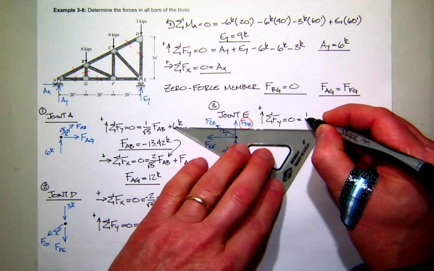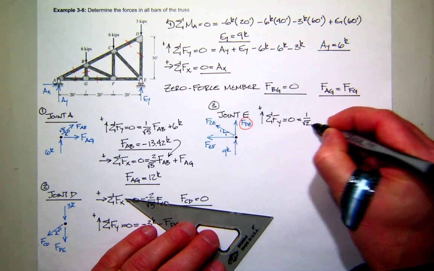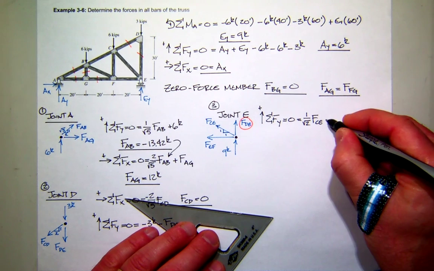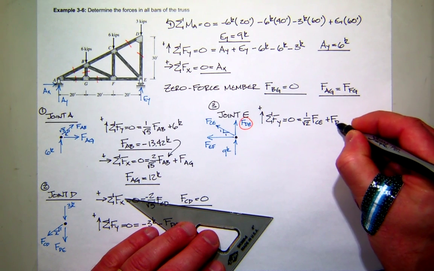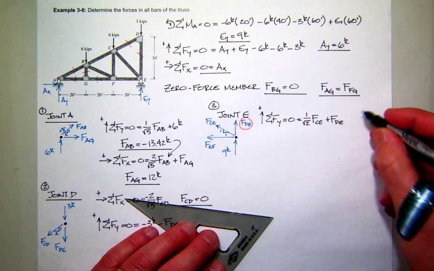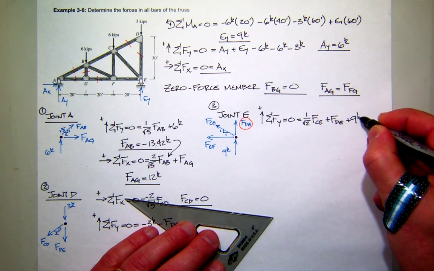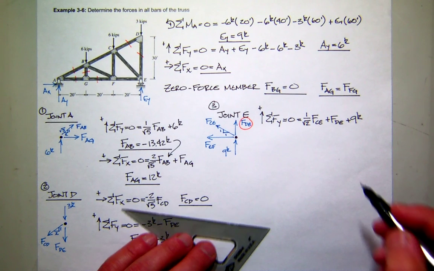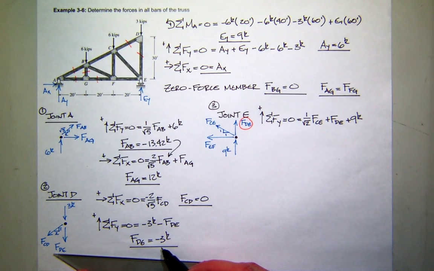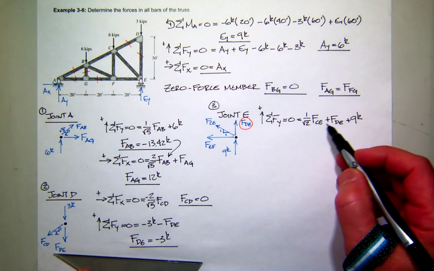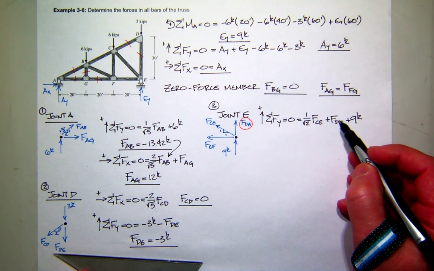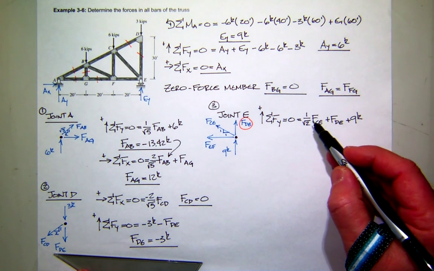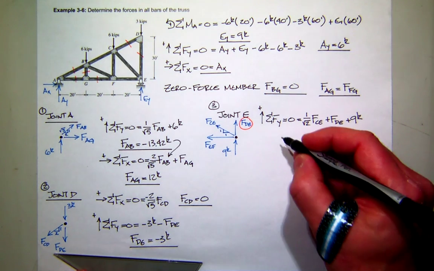This would be 1 over the square root of 2, that's the Y component of CE acting up. We have the force in DE acting up, and we have this applied force EY acting up. Now remember that DE we found was -3. So we're going to put -3 in here. Right? When we do that, this term becomes 6. And what's 6 times the square root of 2?